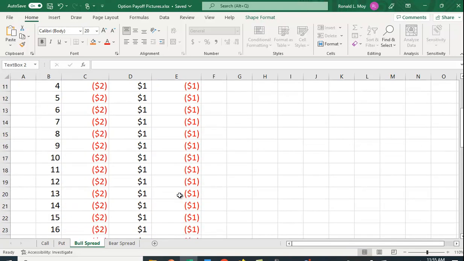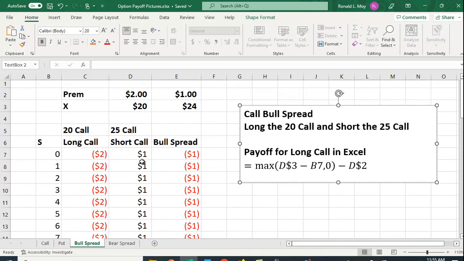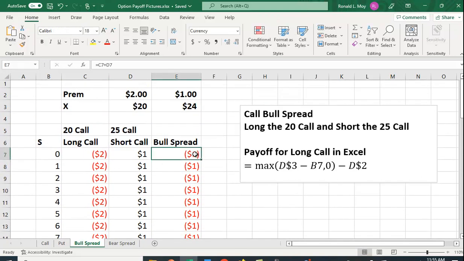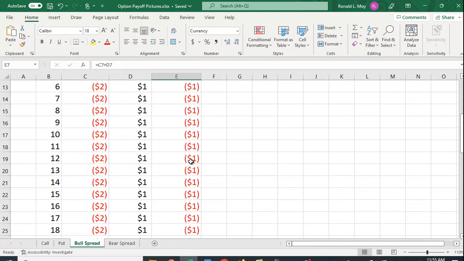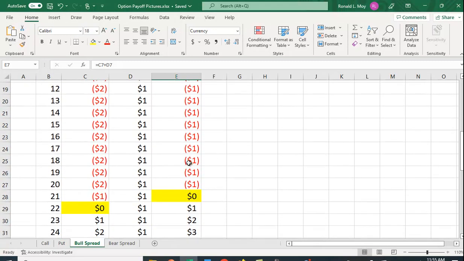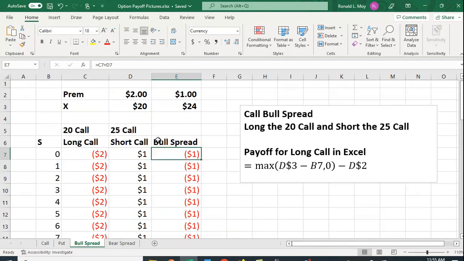So what do I have here? The bull spread is just the combination of these two. So you really just add these two columns together. So C7 plus D7, and you copy it down. Why would you do this? Why would you buy a call option with an exercise price of 20 and write a call option with an exercise price of 24?